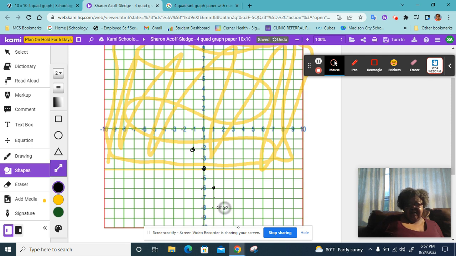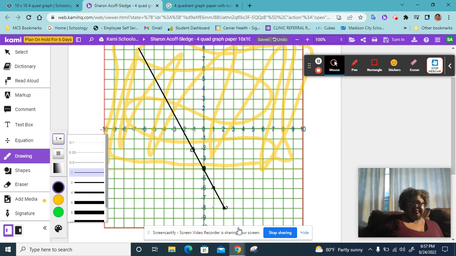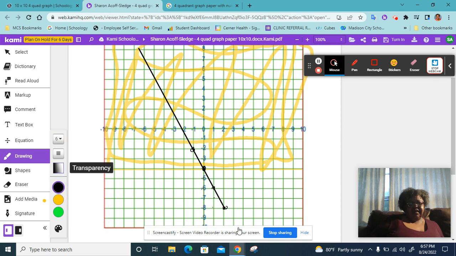I'm going to start directly on that point and make sure that I'm going through those points directly. Okay, and so now here again, we're going to shade above the line.